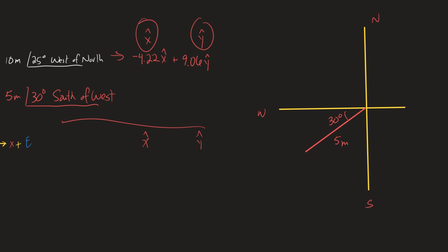Now, we have 3 minutes. It's enough time. I'm going to tell you what to do as I do it. You guys should be doing it at the same time. I'm going to wrap a triangle around my angle. I'm going to identify my angle of interest and my right angle. I'm going to label the sides. I'm going to write out my sine, cosine, and tangent. I'm going to deal with my ratios.